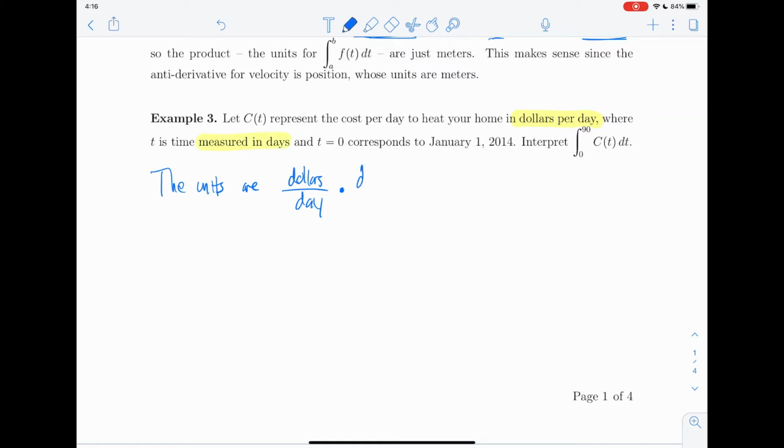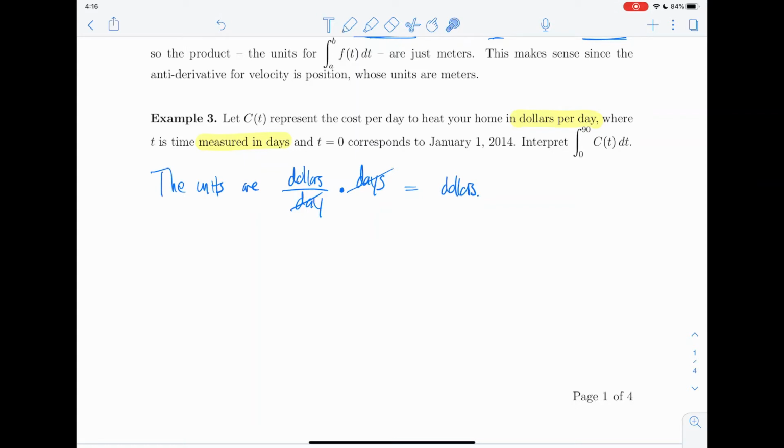And just like we saw in a previous example, when the function in question is representing some sort of a rate, the units for the integral cancel in some way, and you're left with just what it is that this function is taking the rate of, which in this case is dollars.